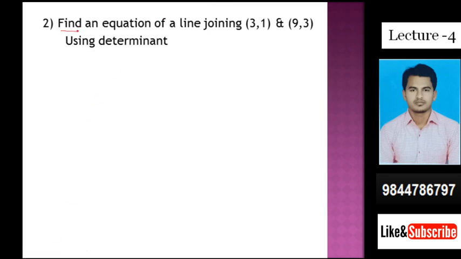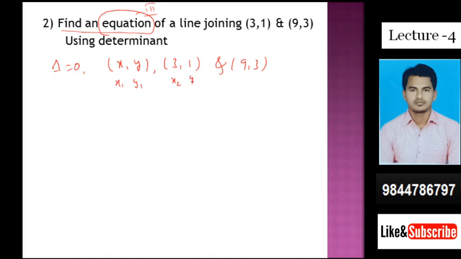Again, find an equation. Remember one thing, an equation means this is type number 3. So delta is equal to 0 and we choose a point x comma y along with the given 2 points. See here, this is the way to write the given data x2 y2, x3 y3.